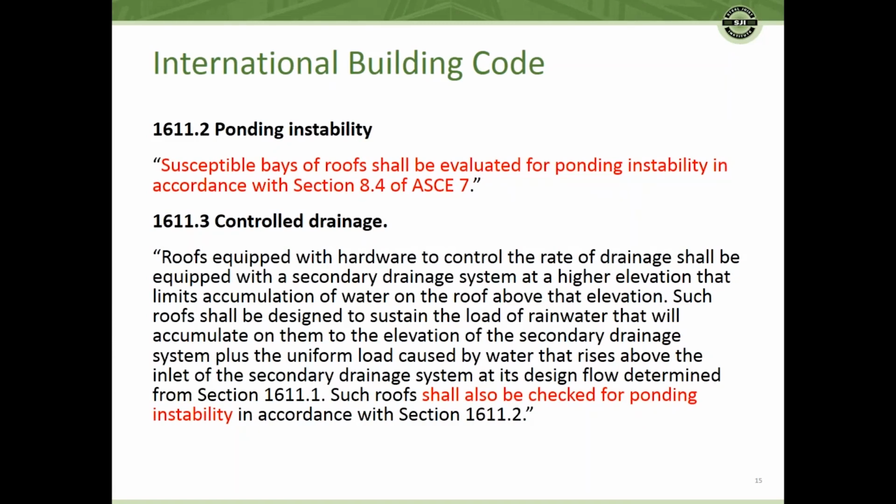IBC also says that susceptible bays shall be evaluated in accordance with ASCE 7. There's a section on controlled drainage. I don't know personally how many roofs are being designed today as controlled drainage roofs, but I know that in the 70s and 80s, there were a lot of municipalities that purposely undersized drains and let the water accumulate on the roof so as not to overtax the sewer system.